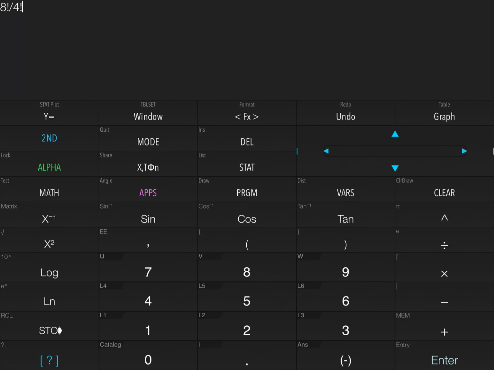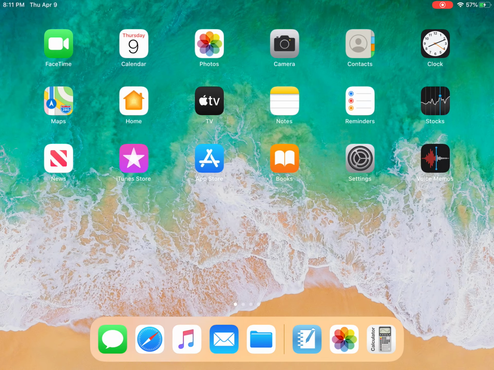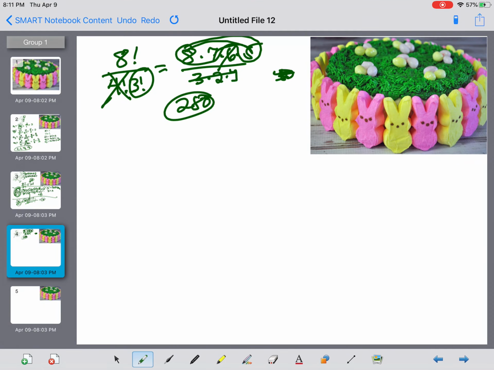And then if you go divided by 4 math factorial, 3 math factorial, you'll get the wrong answer. It got a big, huge answer, 10,080, which there's no way 8 factorial over 4 factorial, 3 factorial would be that big because you're dividing by all of these numbers.